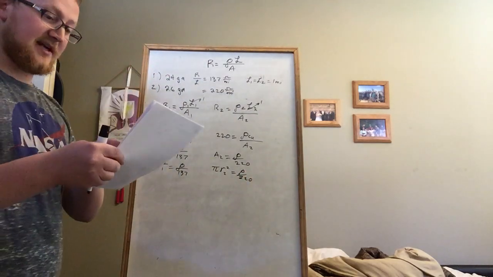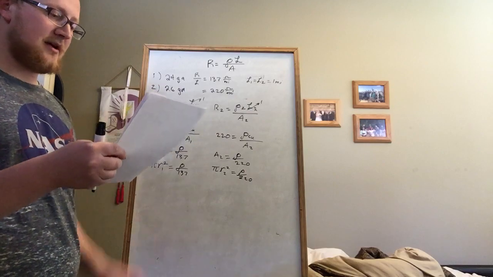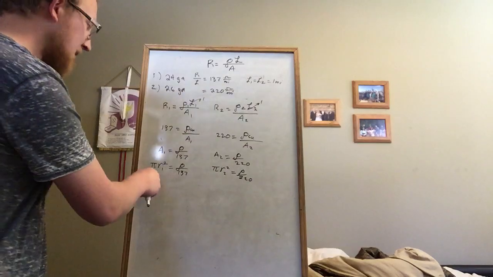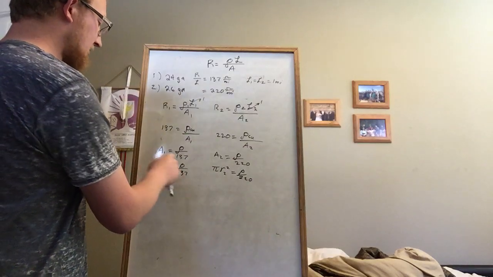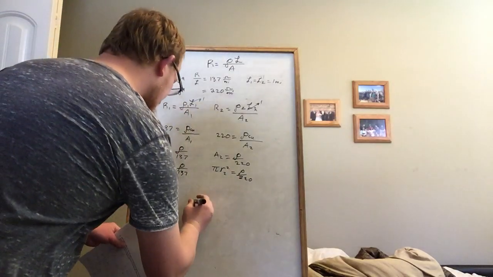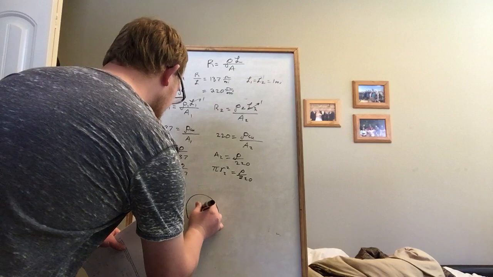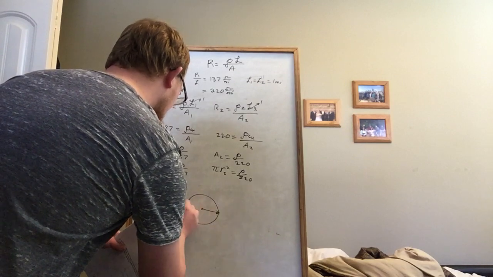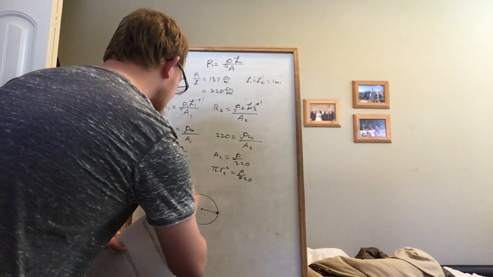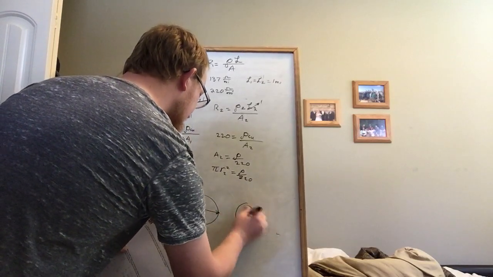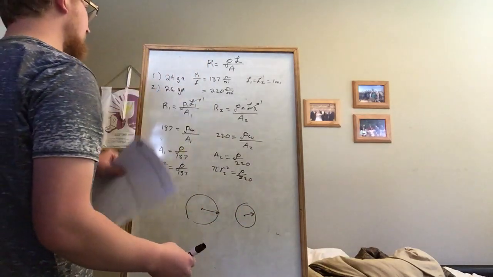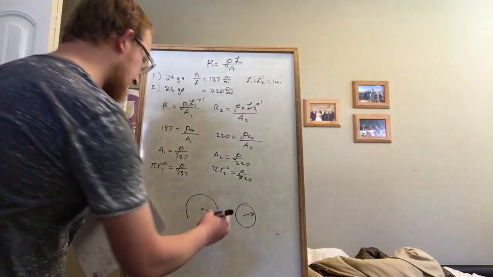Alright, the thing is it asks what is the ratio of the diameter of the 24 gauge wire. And that's where we ask ourselves a question, because we could say that a radius is a diameter divided by 2. But let's look at these two wires. I'm going to draw them next to each other, not overlaid. One of these is going to be R1. With gauges, the smaller the number, the bigger the wire.